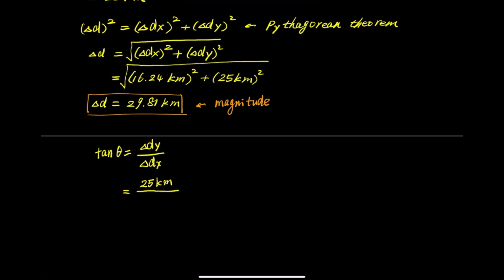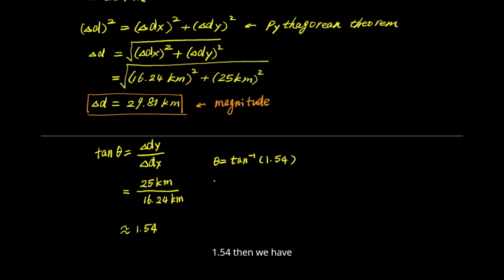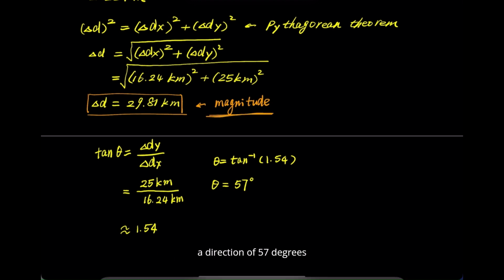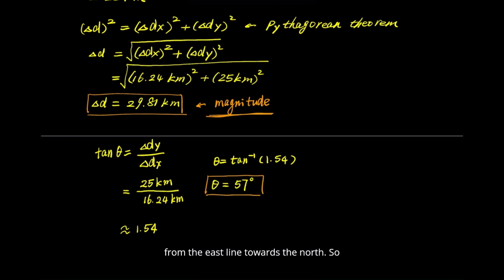Delta dx is 16.24 kilometers, which approximately equals 1.54. And then theta is the inverse tangent of 1.54. Then we have theta equals 57 degrees. So our final displacement has a magnitude of 29.81 kilometers and a direction of 57 degrees from the east line towards the north. So we write it down as east 57 degrees towards north. Okay, so this is the direction.